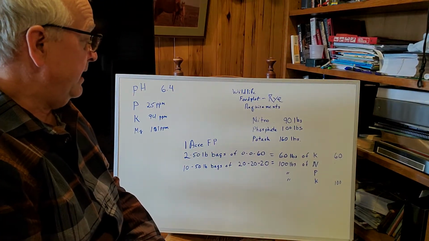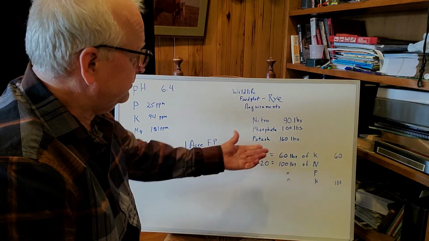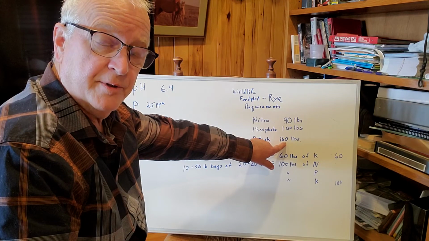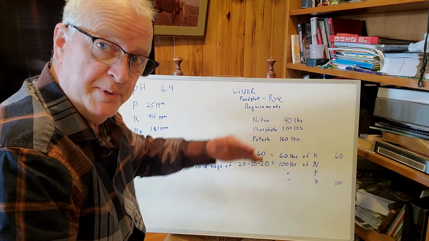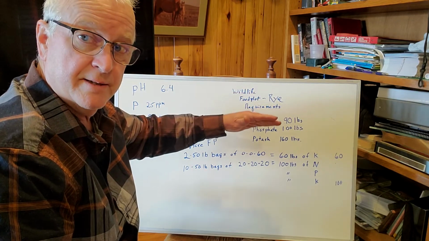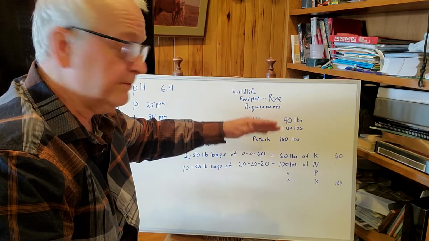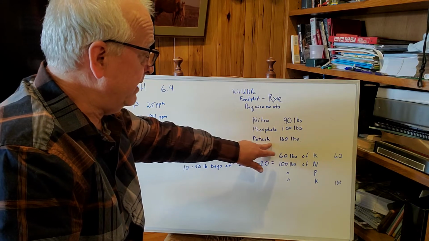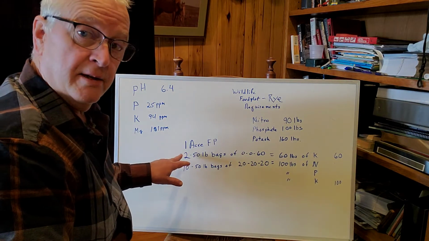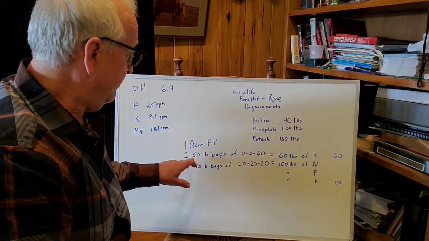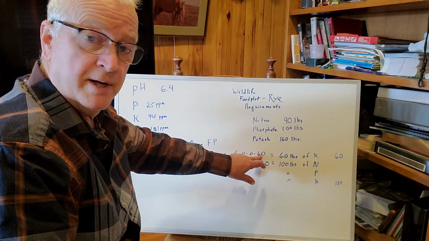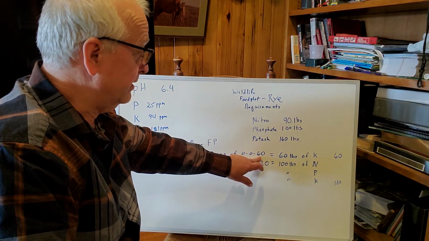Now to get there, we like to go to our highest requirement first and try to build up our sacks of fertilizer to meet that largest requirement. We need a lot of potash here, so let's go back again at our feed store supply, and we have plenty of potassium chloride, so we're going to get some of that.